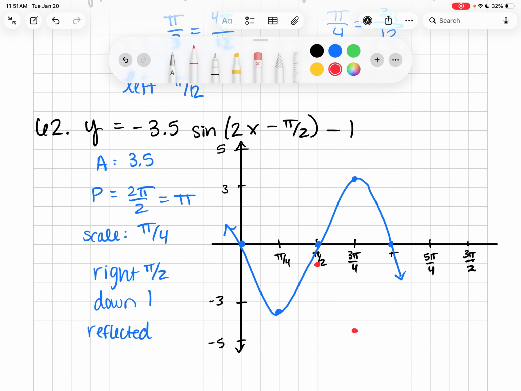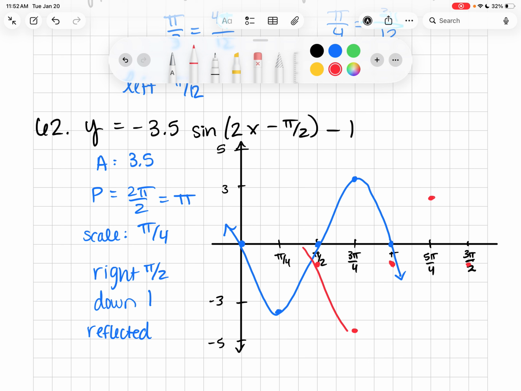This next point that's back up here on the axis is going right pi over 2, down 1. This next point up here, right pi over 2 to 5 pi over 4, down 1. And then my last point here at pi, right to 3 pi over 2, down 1.